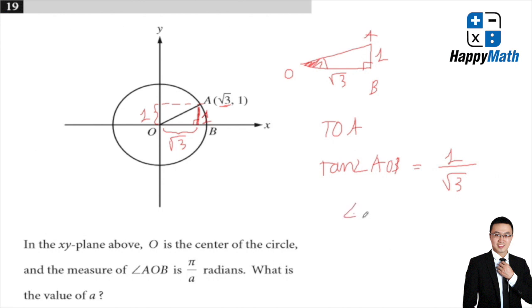So that's why you will have AOB equal to 30 degrees, corresponding to pi over 6 radian. So here is pi over 8 radian, here is equal to AOB. So a will be equal to 6.